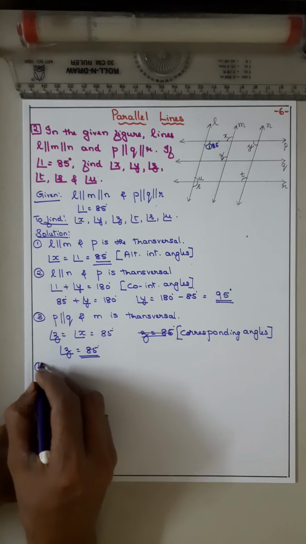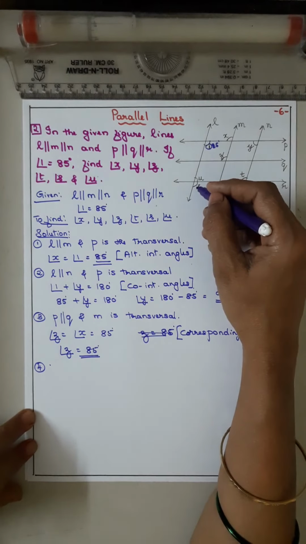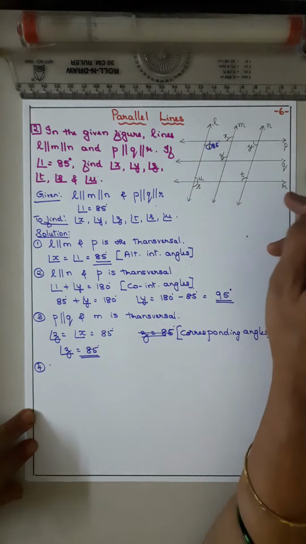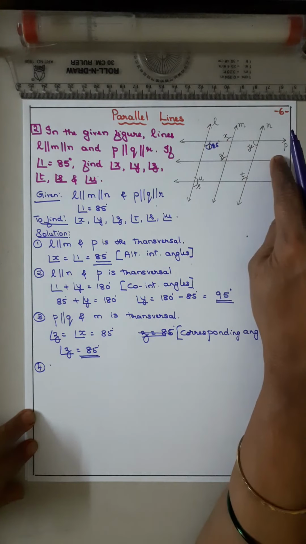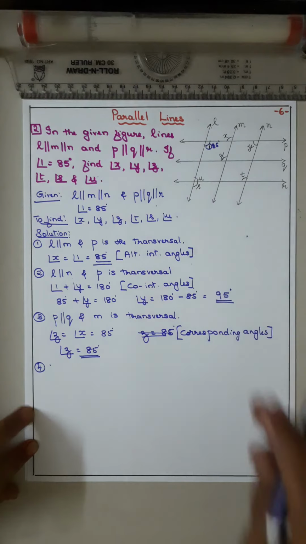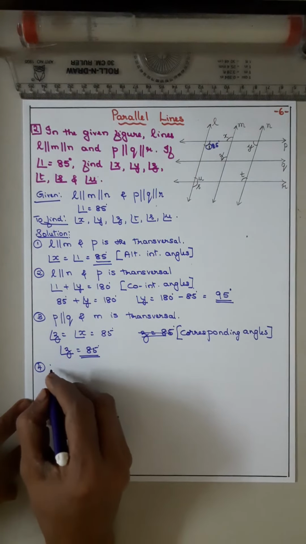Now coming to the fourth one, for S, we'll see P and R. Leave this Q; see P and R, and line L as the transversal.